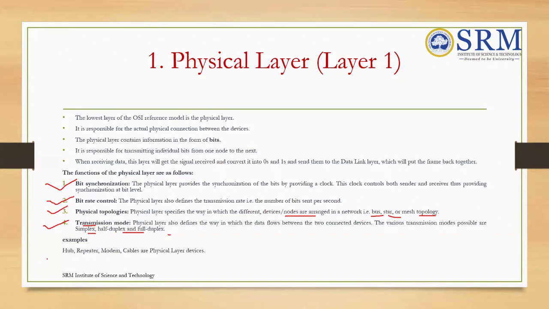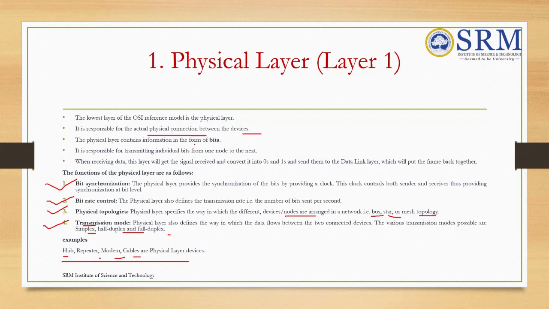We can also imagine the devices we use in physical layer: hub, repeater, modem, cables are physical layer devices. So in physical layer, if you are preparing for exam, what are the main key points we have to remember? If it is a physical layer, it is the physical connection between the devices.